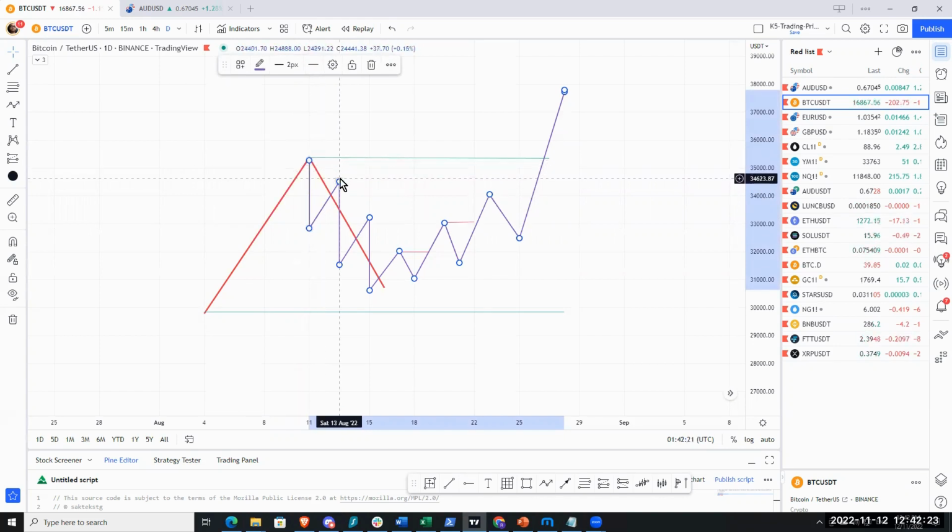This is the first sign that we are inside an internal structure of this external structure, which I delineated with this red line. So this is the first sign, when the market fails to break the previous high, that we are entering into an internal structure.